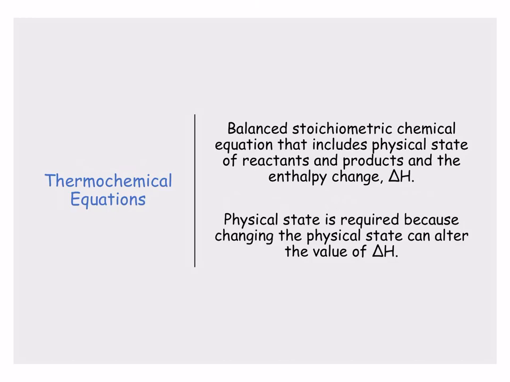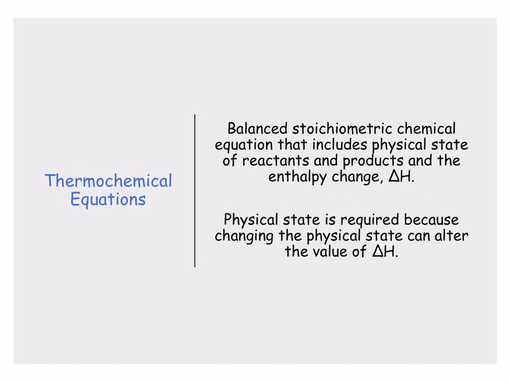In this, it says physical state. So that means your state symbols have to be in your balanced equation. For example, if it's H2, we know hydrogen is a gas, so you'd have a little g beside it. If it was H2O, you'd need to have l beside it if it was a liquid, or if it's in its vapor form, you'd have to have a g beside it.